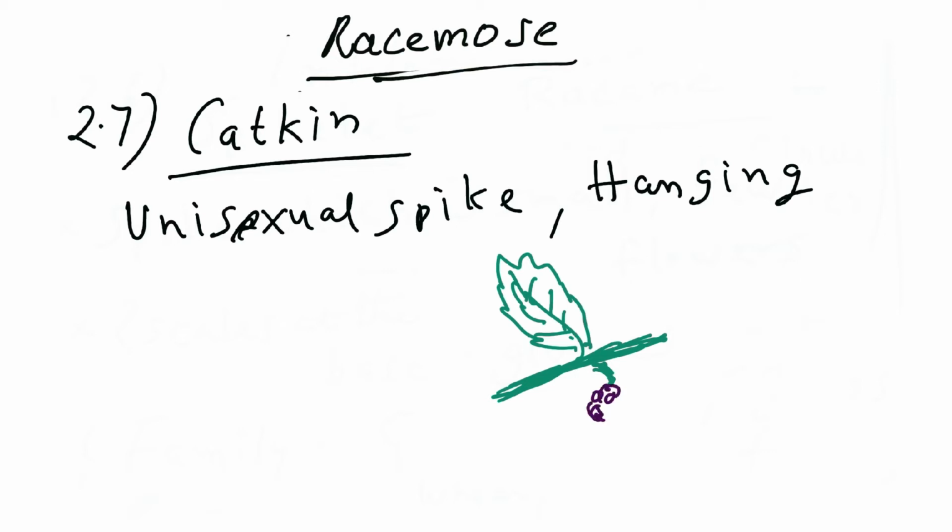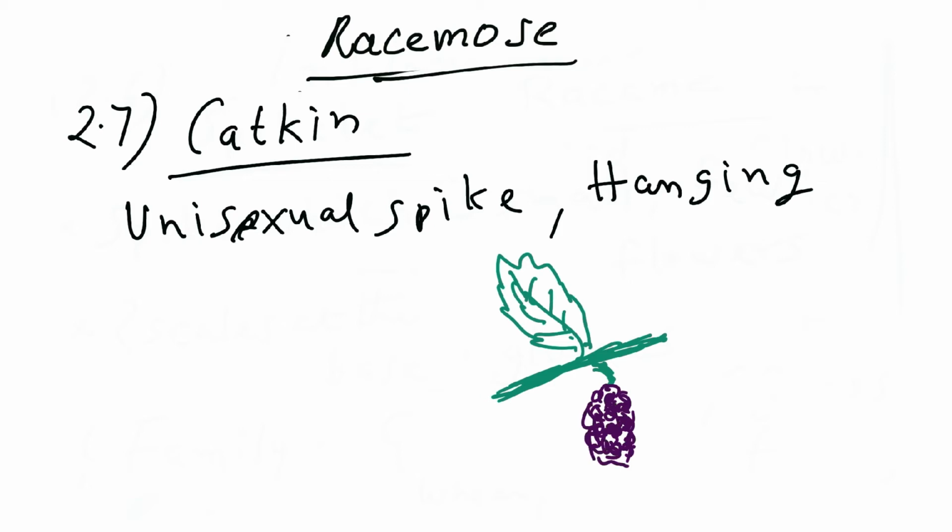That also means that once the flowers mature, once the whole development ripens, on the way to becoming the fruits, the whole thing falls down. So that's a key point. And a very notable, important example as far as catkin inflorescence is concerned is the mulberry.